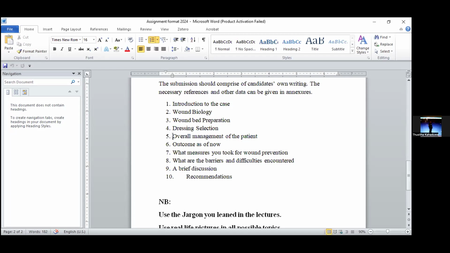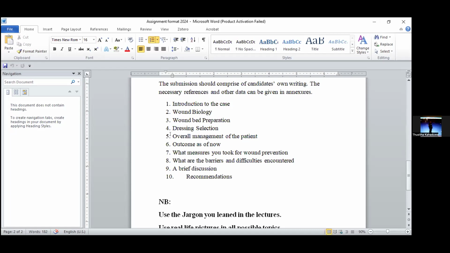So then we go on to discuss overall management of the patient. So how you corrected, say, what were the problems? What's the problem list? I would put up a problem list identified from the introduction.